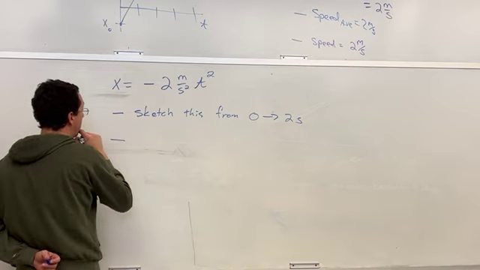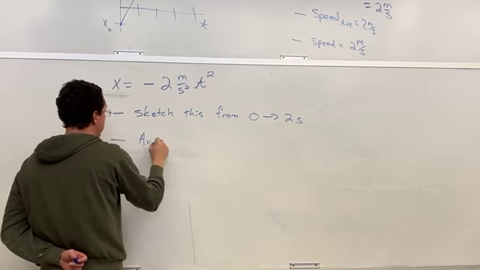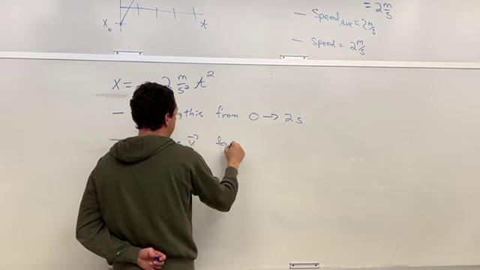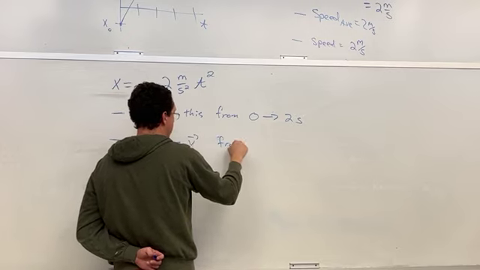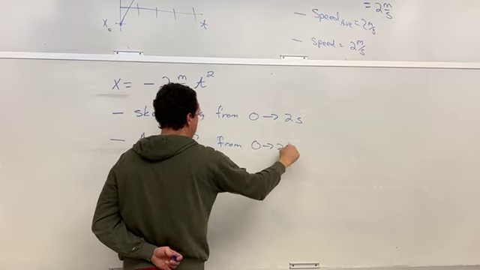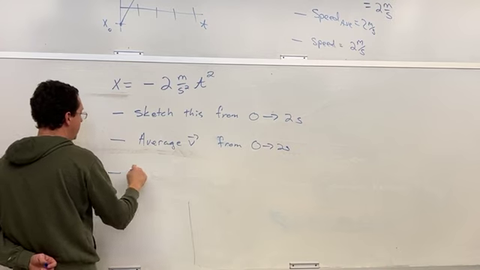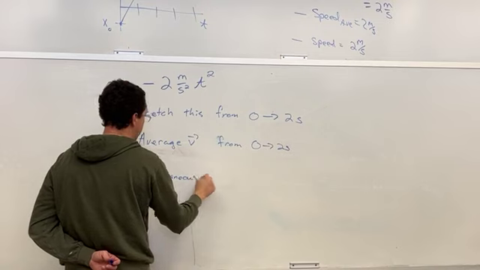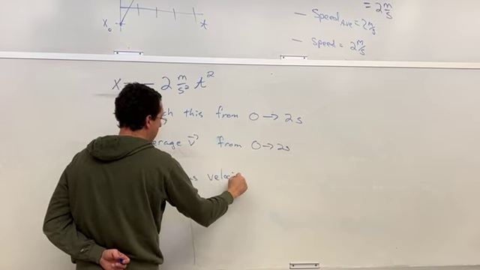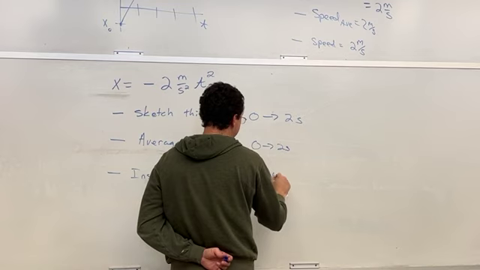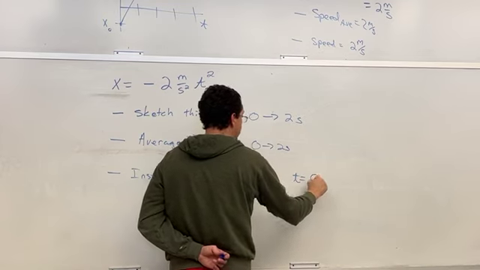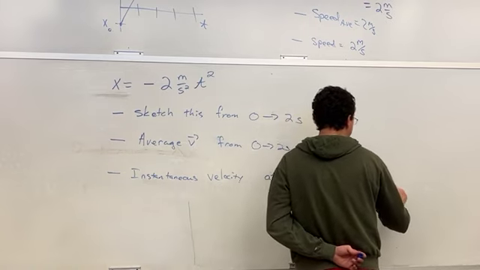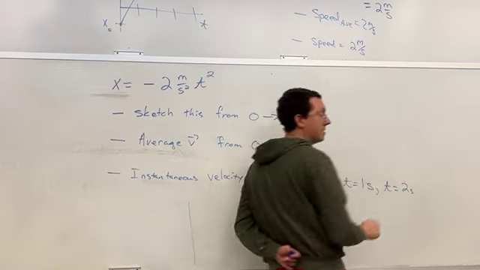I want to know the average velocity from 0 to 2 seconds. I want to know the instantaneous velocity at t equals 0 seconds, t equals 1 second, and t equals 2 seconds.